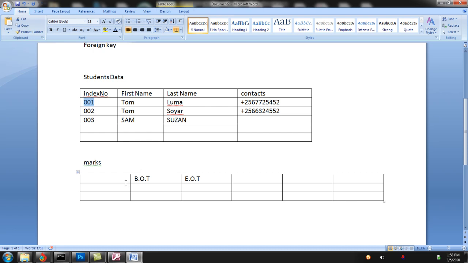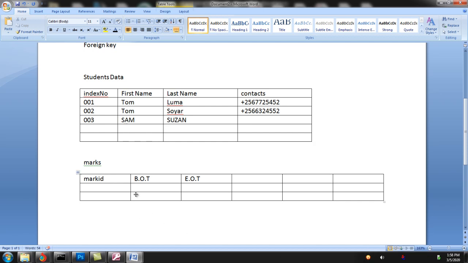So this Tom Luma 001 will have to do an exam. And for this exam, we need to enter his marks. Each mark has to be uniquely identified, because one student can do more than one paper at a time. So we need to enter the mark ID.